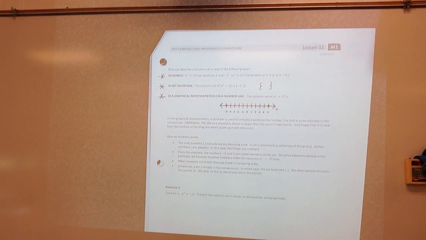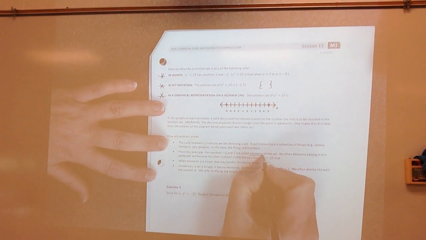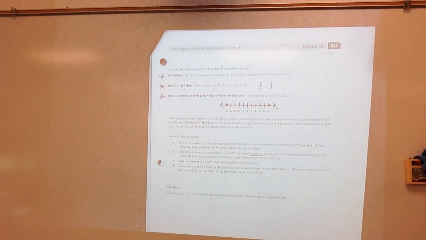So I use a solid dot on my number line. How set notation works: the curly brackets indicate we are denoting a set. A set is essentially a collection of things. Letters, numbers, cars, people. In this case, the things are numbers. From this example, the numbers -5 and 5 are called elements of this set. All right, guys, some very important information, very important vocabulary here.